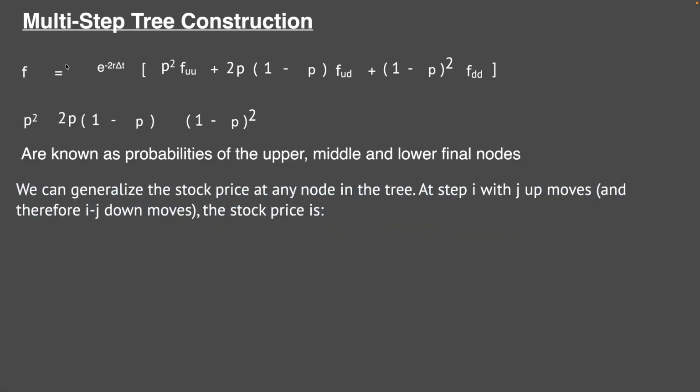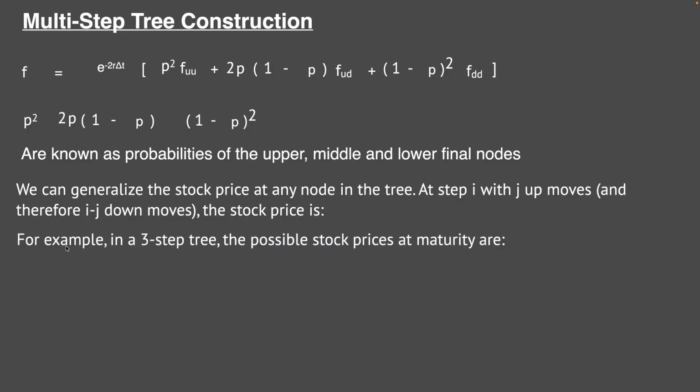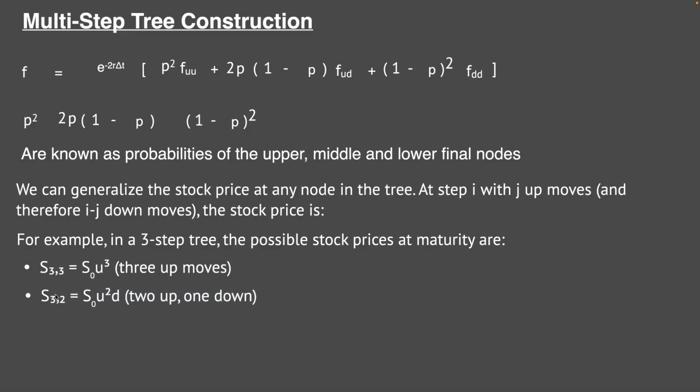So this movement of the option price can be generalized to any nodes with any time interval. Suppose instead of 2 time steps, we consider a 3-step tree. Then S33, that is the final value of the underlying after 3 iterations, will be S0 into U cube, where there will be 3 up moves.